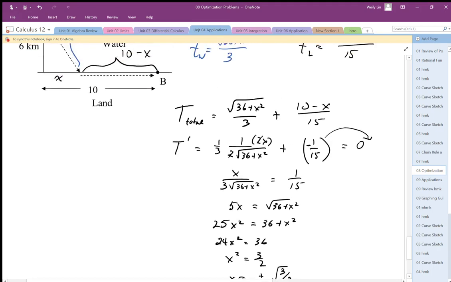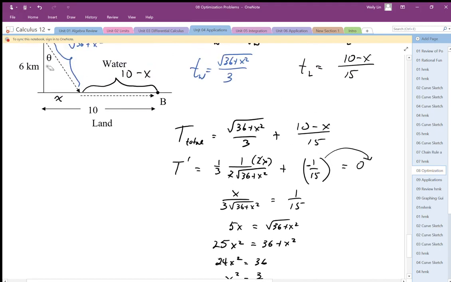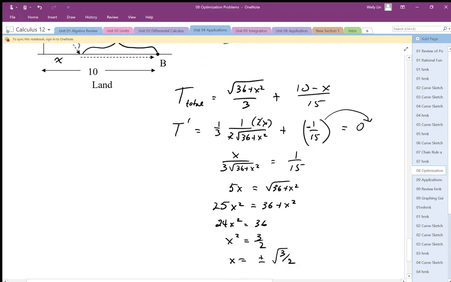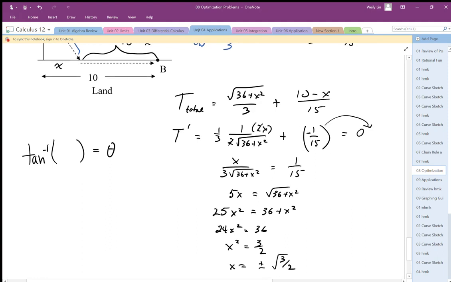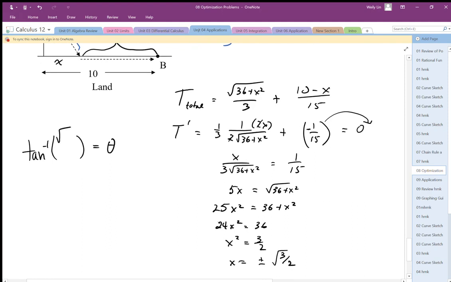So we're going to go pretty sharply that way. If x is the square root of 3 over 2, I still need to solve for theta. Theta is going to be the arctan of opposite over adjacent, root 3 over 2 over 6.